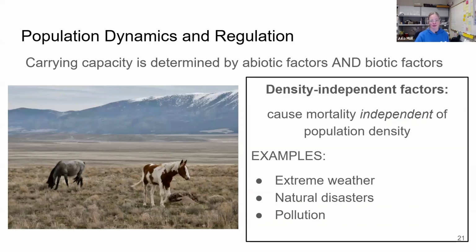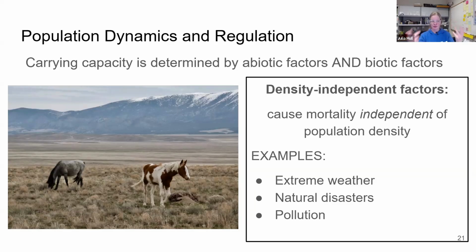Our density independent factors, then, are factors that affect population dynamics and cause mortality without regard to how many individuals there are all at once. If we think back to our California condor case study, the number one cause of death for California condors today is lead poisoning.